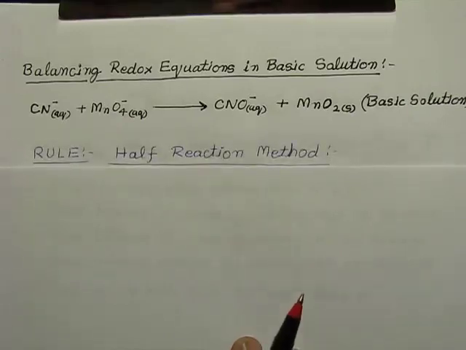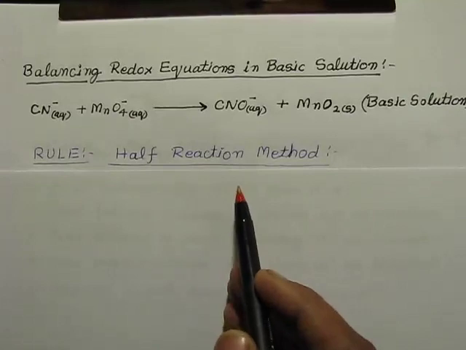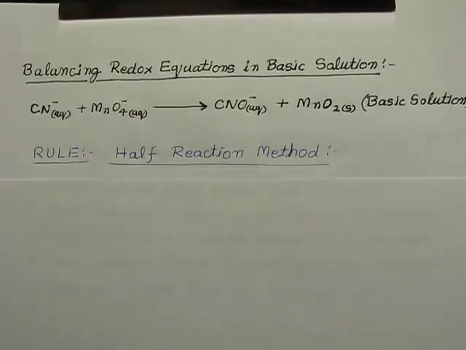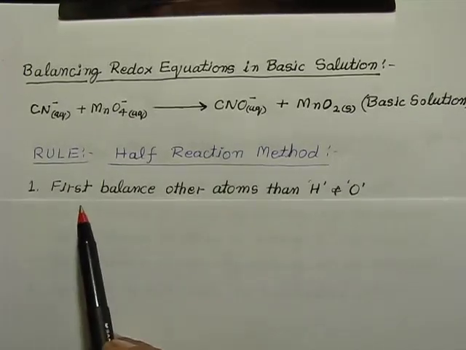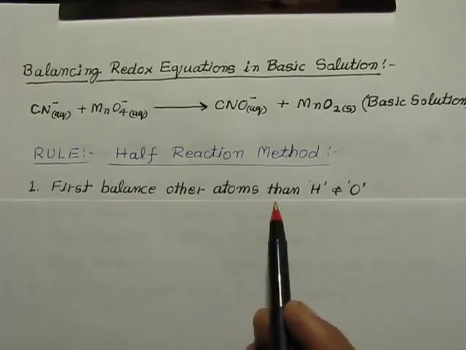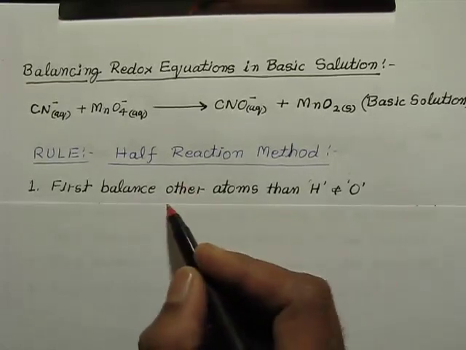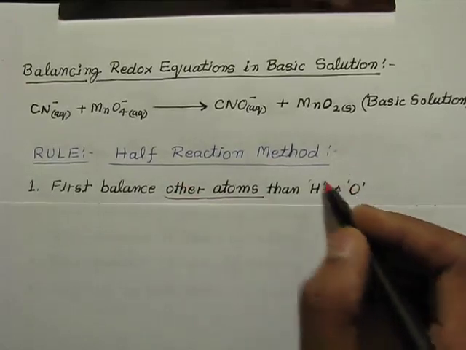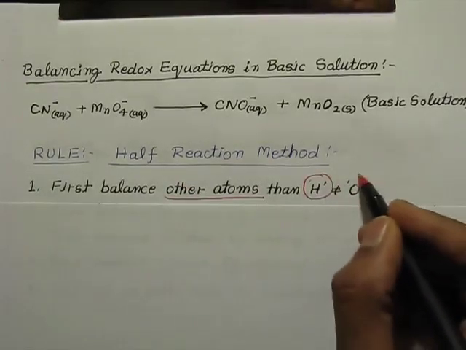So basically, first we have to use the half reaction method, and second we have to first balance other atoms, then hydrogen. So other atoms first; hydrogen and oxygen we balance later.